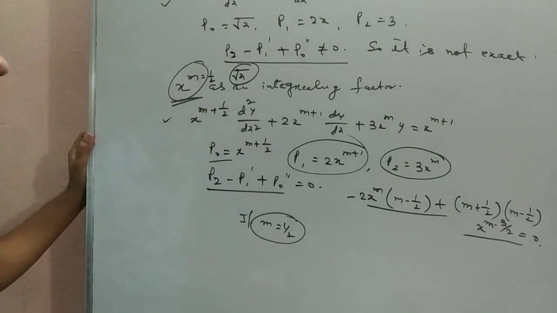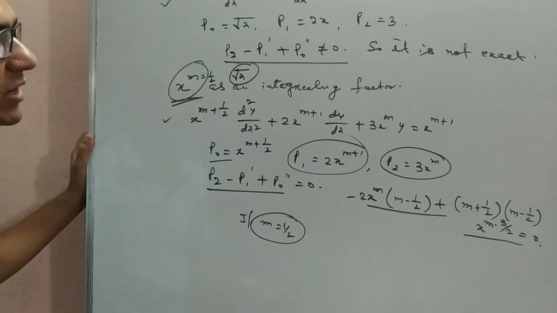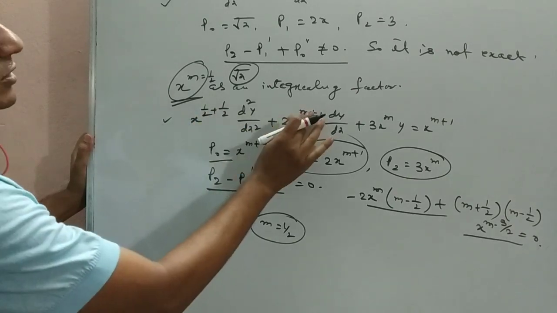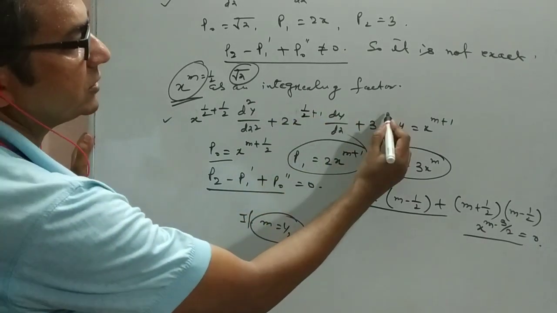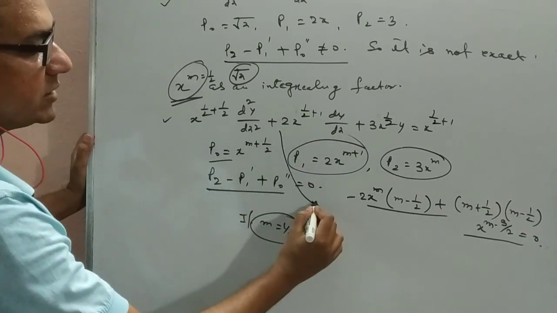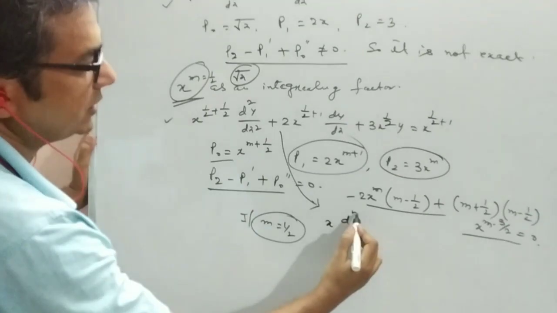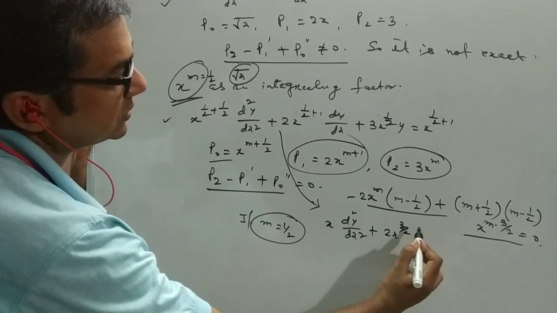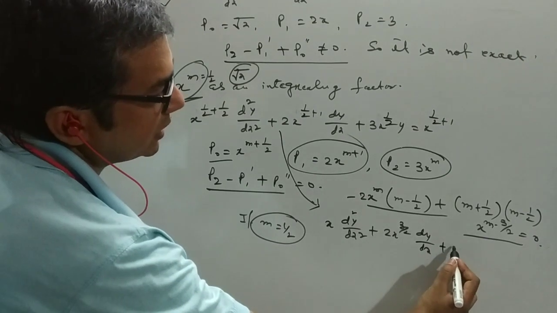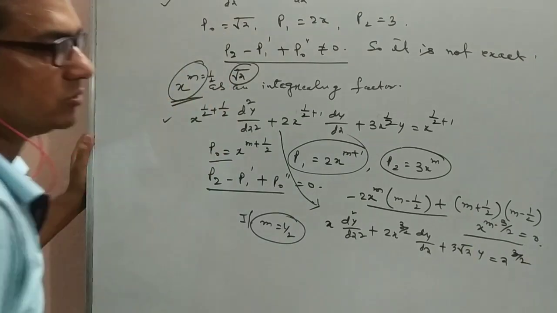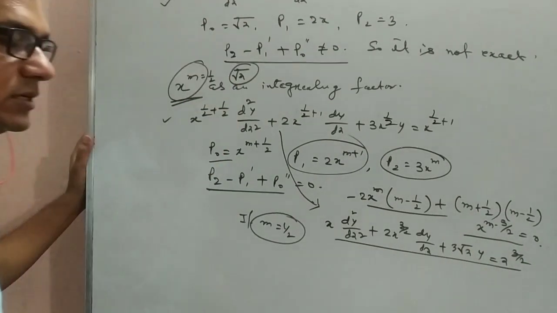Okay. Now if root x is an integrating factor, then our differential equation becomes x d2y by dx2 plus 2 into x to the power 3 by 2 dy dx plus 3 root x into y equal to x to the power 3 by 2. And this equation must be exact.